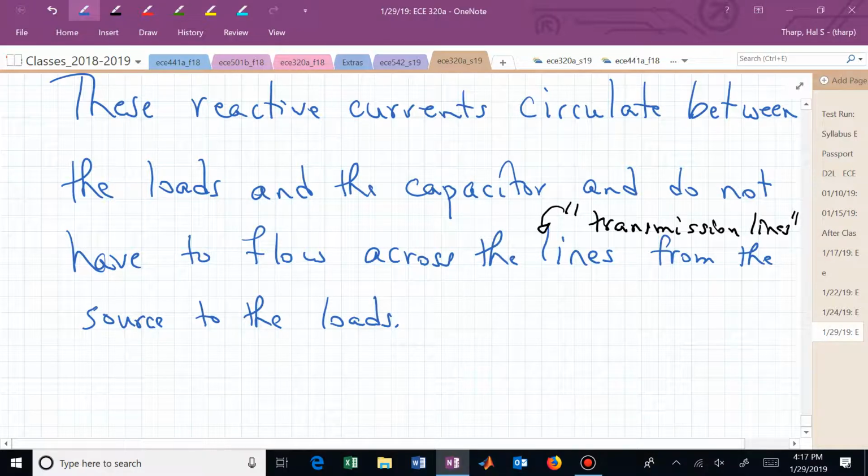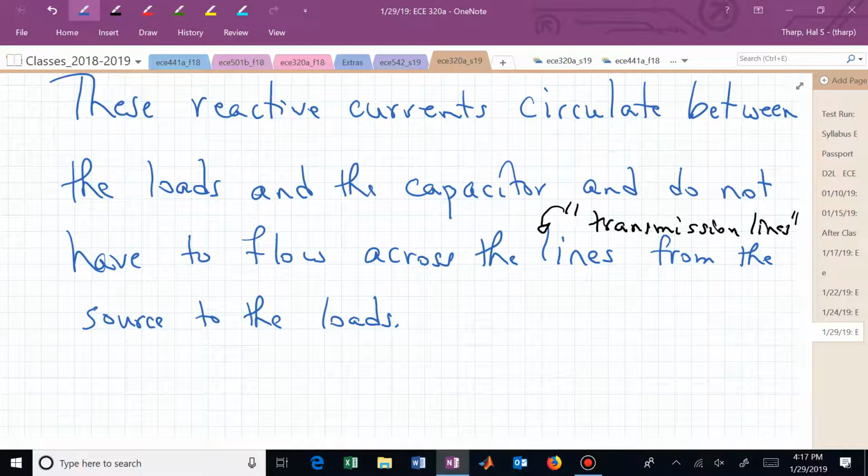So now that capacitor is storing energy and then it's throwing it back to the loads, and they're doing this gracefully without requiring as much current demand from the source. And they're playing by themselves over here at the load side, and the power company doesn't see it.